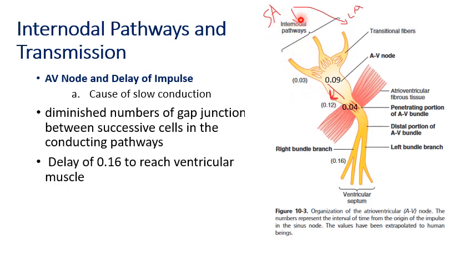So the time lapse for the impulse to cross the atrium and reach the ventricular muscle is 0.16 second. Yes, if we add up 0.03 with 0.09 with 0.04, it's 0.16.